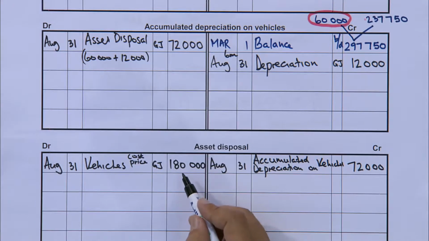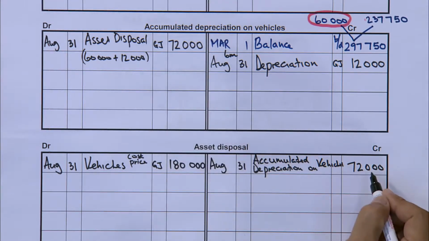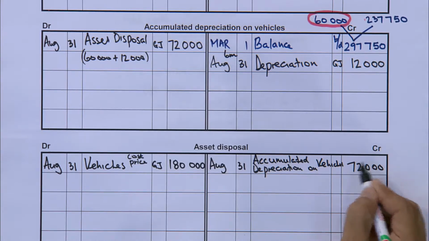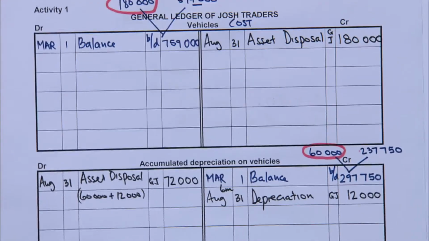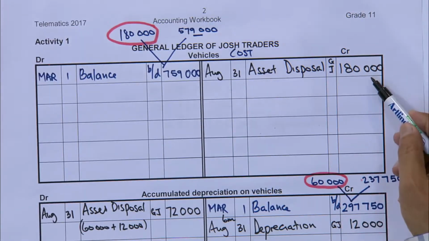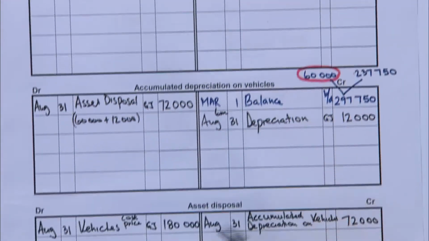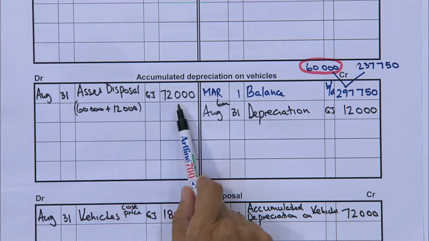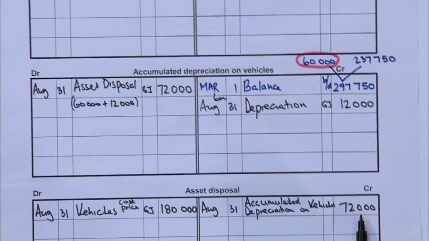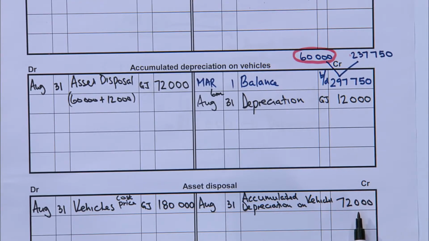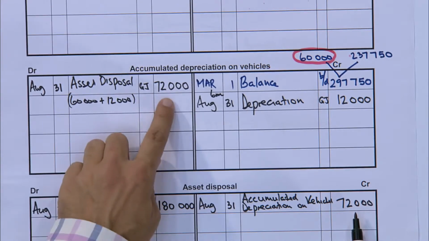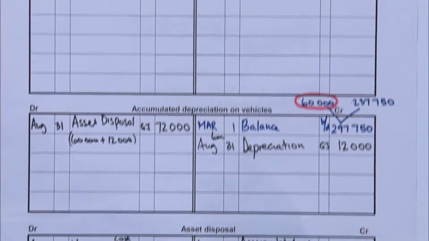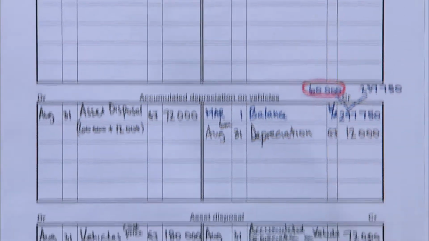So on the debit side, I have the cost price. On the credit side, I have the total accumulated depreciation of the vehicle that I'm going to sell. Just to have a check so we can see that's a double entry. We have asset disposal on the credit side of the vehicles account. That's why we have vehicles on the debit side of the asset disposal account. Then on the debit side of the accumulated, we have 72,000, so on the credit side of the asset disposal account, you have 72,000. So that will be that double entry from there till there. And this one will come from the vehicles over there.